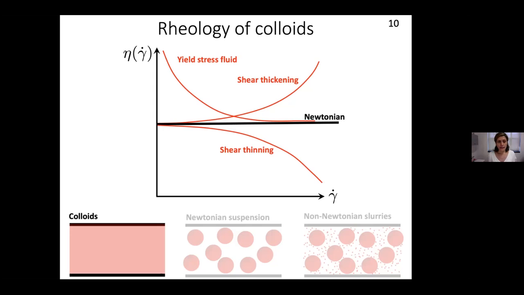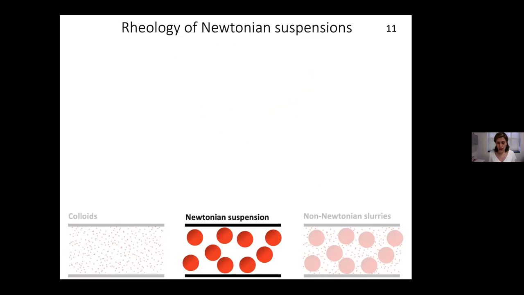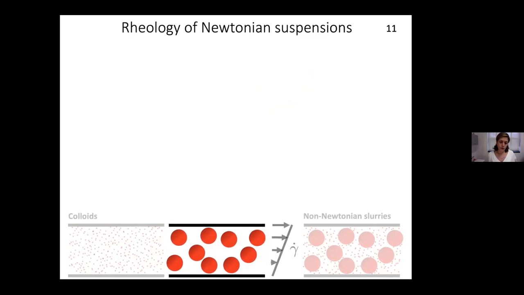And you can see that in this framework, the viscosity is not constant, and it is a function of shear rate. So this is what we know, and now I want to give a quick overview about the rheology of large non-Brownian particles in a viscous liquid when we impose shear rate.